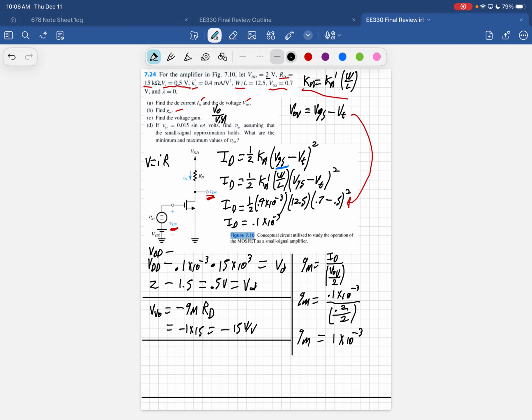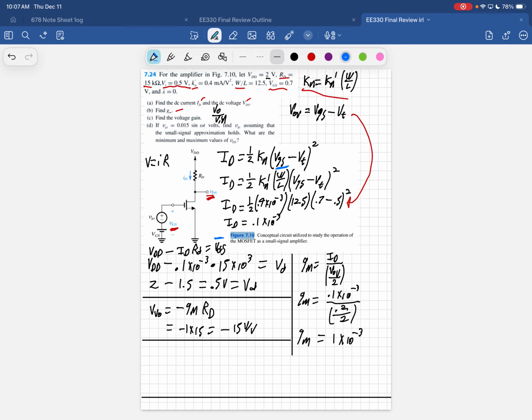So VDD minus ID equals VD. Equals VDS. Kind of cramped in there. Sorry, I know it's hard to read.